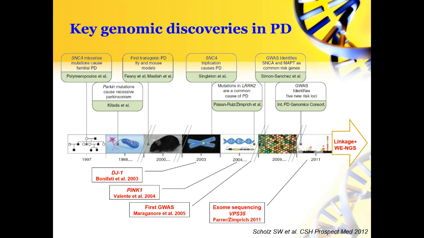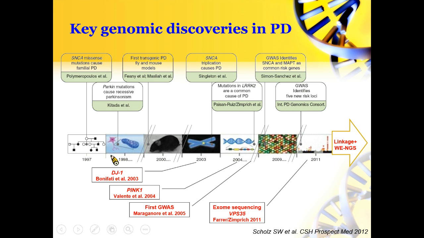The mutation carriers had the same clinical presentation and pathological findings of Lewy bodies in the substantia nigra dopaminergic neurons, and later the SNCA protein was found to be an important component of Lewy bodies.